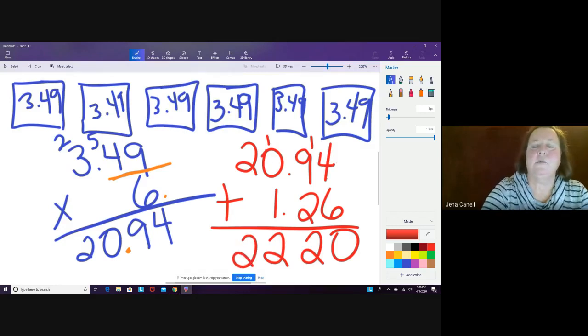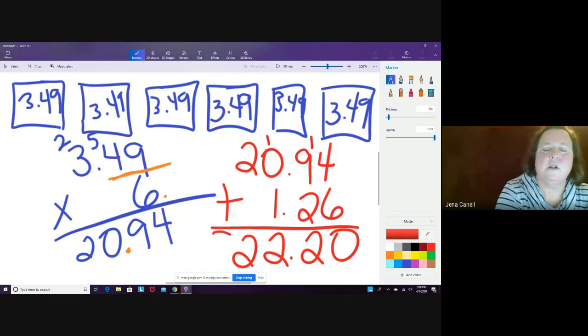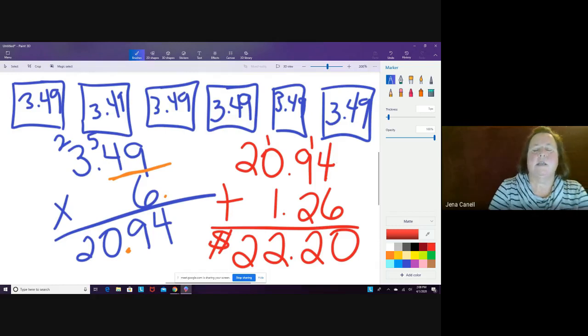Now, in addition, we just drop down our decimal place. Remember, we line up our decimal places when we're adding decimals. And so we just drop down our decimal place. So your answer is $22.20. So you should be able to go find that on your paper packet or electronically, you can go ahead and select that answer.